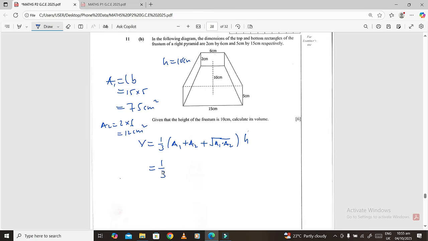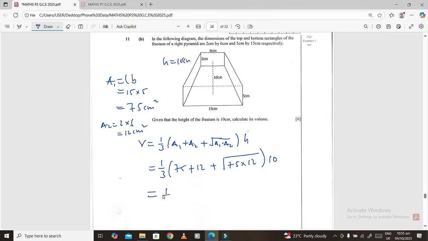So you can say 1 over 3, area 1 is 75, plus area 2, which is 12, plus the square root of the multiplication of the 2, and H is 10.